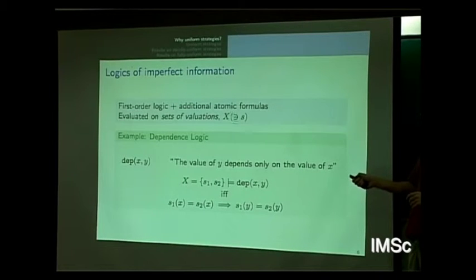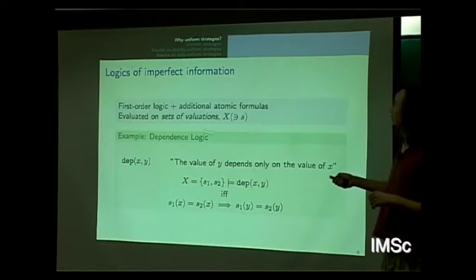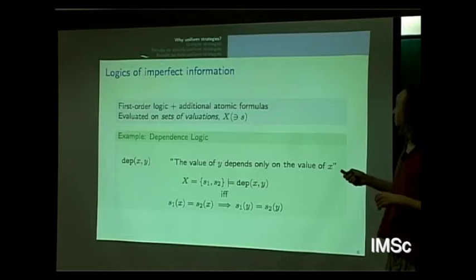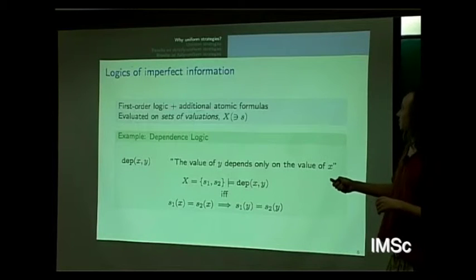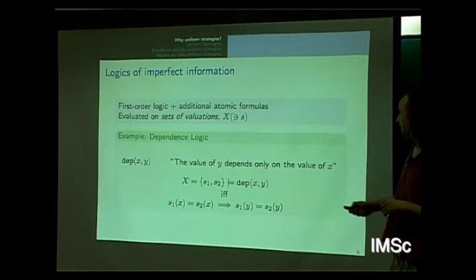So here X is a team and S is an assignment in the team. For example, dependence logic, which is maybe the most well-known example of such logics along with independence-friendly logic. So in this logic, the additional atomic formulas that you add are of this form.